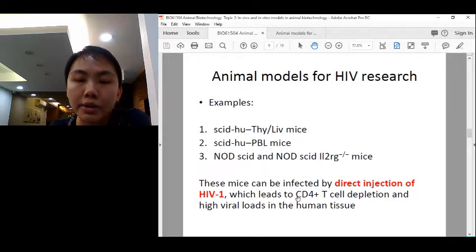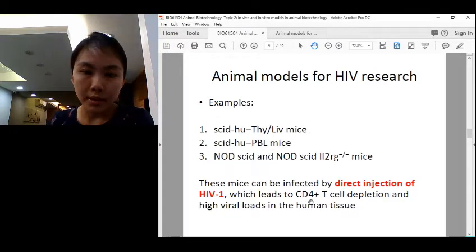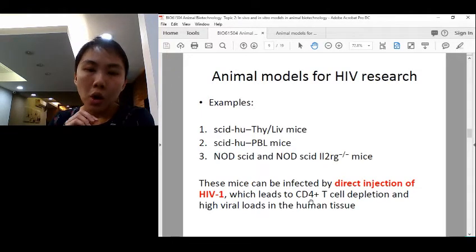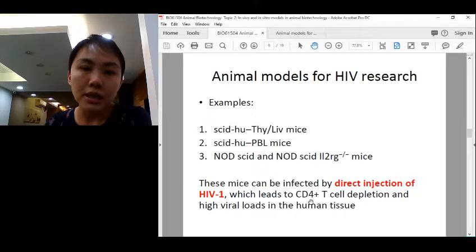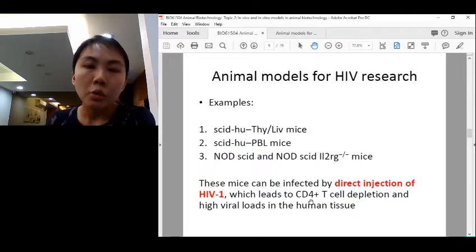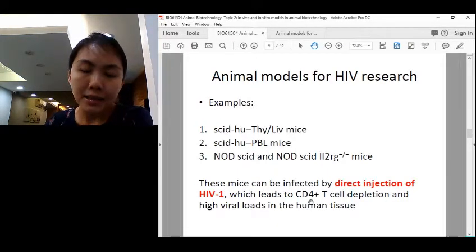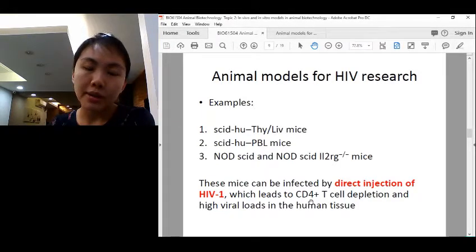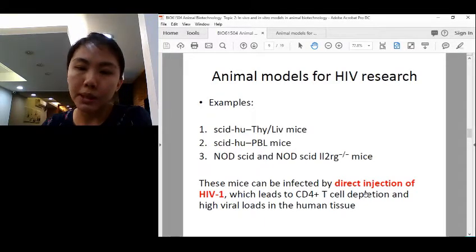When the virus replicates in the host cell, HIV would always replicate in the CD4 positive T cells or macrophages. When they replicate in these host immune cells, that results in cell depletion, because when they replicate and release the viral particles, it will break the host cell, which results in cell depletion and high viral loads in human tissue.